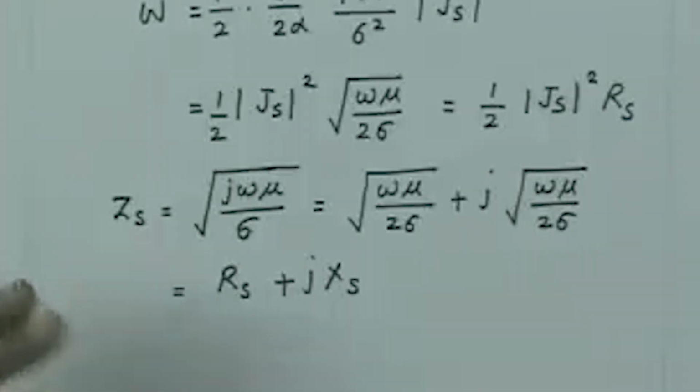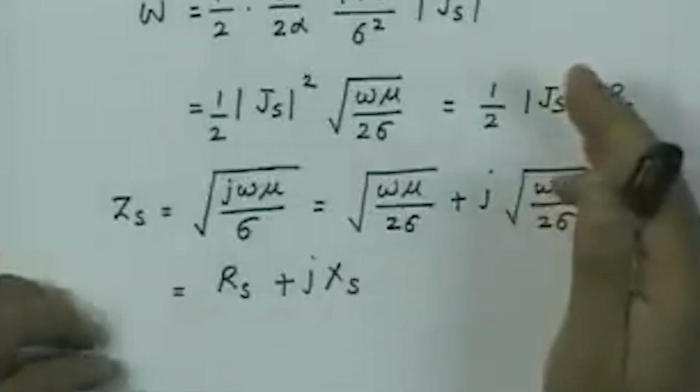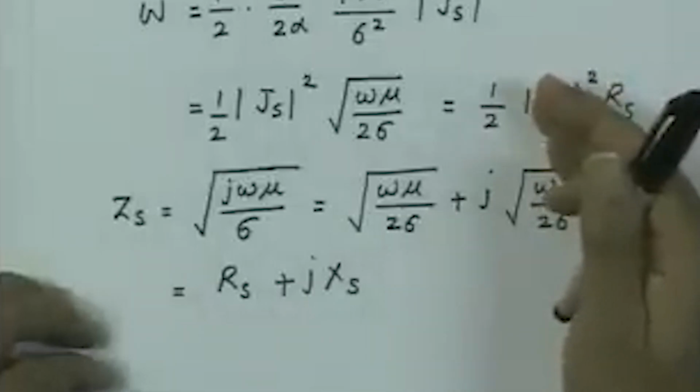Later, when we go to structures like waveguides, the conductor loss is calculated from the surface current density, because we can obtain it from the magnetic fields. If I know the tangential component of the magnetic field on the surface of the conductor, I can find the linear surface current density using the relation n cross H, and once I know the surface current density and the surface impedance, I can find the power loss per unit area of the conductor.